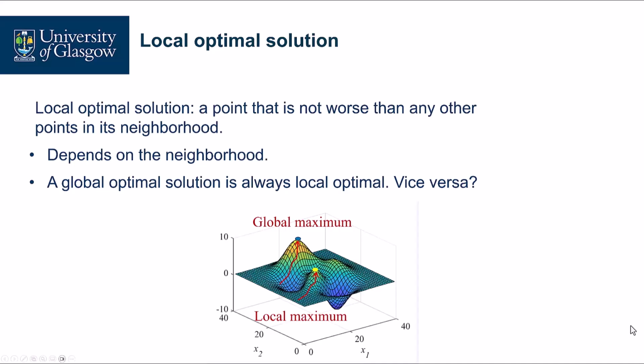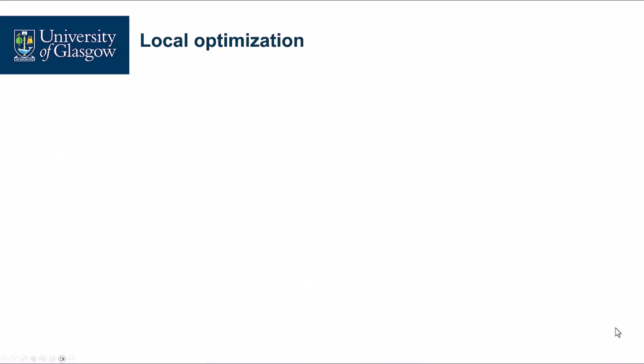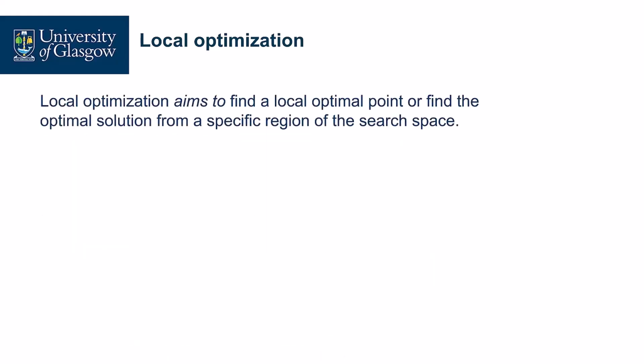So we can talk about 2 kinds of optimization. Let's talk about local optimization first. In local optimization, often we aim to find an optimal point, but this point is local, right? So this should be the optimal solution from a specific region of the search space.